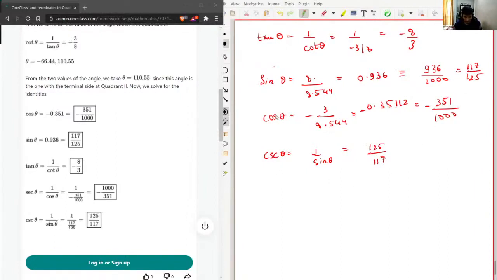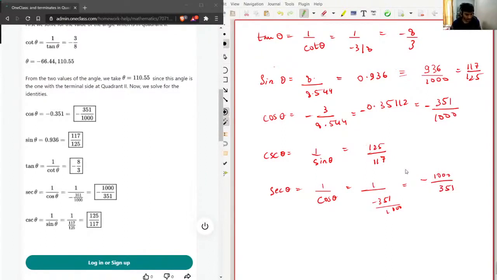Secant will be 1 over cosine, and that will be 1 over minus 351 over 1000. That will be minus 1000 over 351. They haven't solved this further.